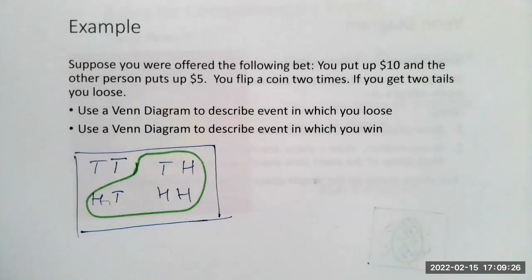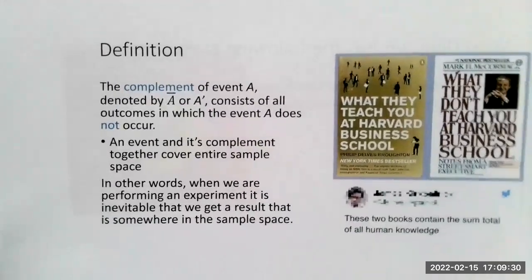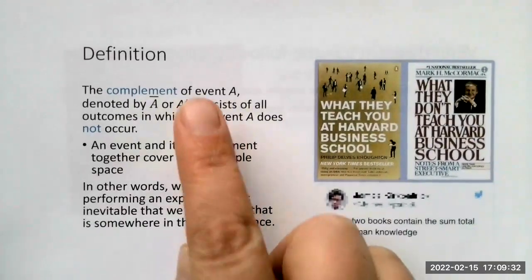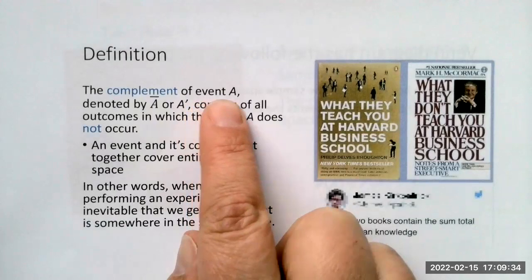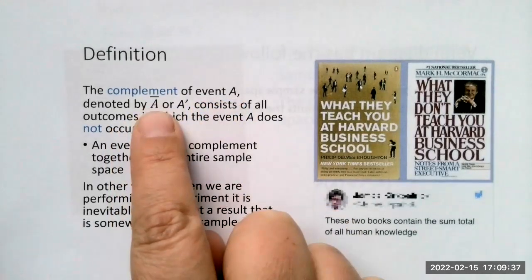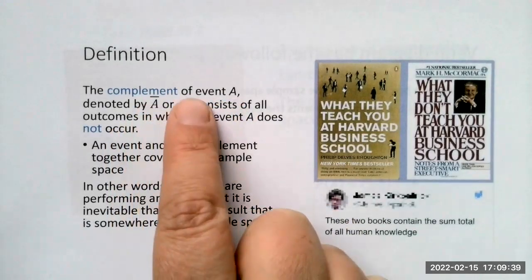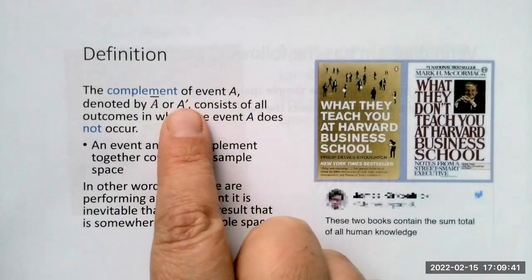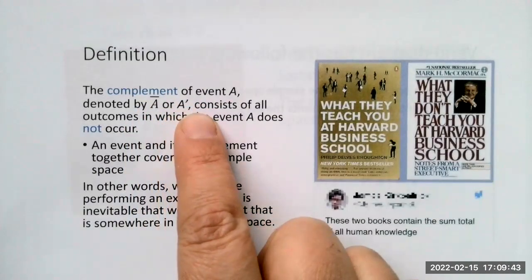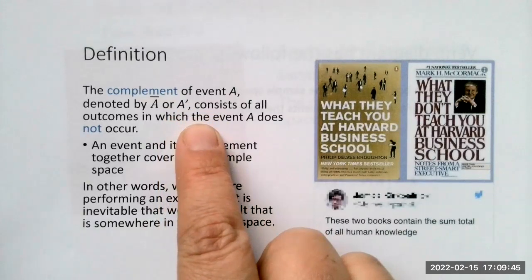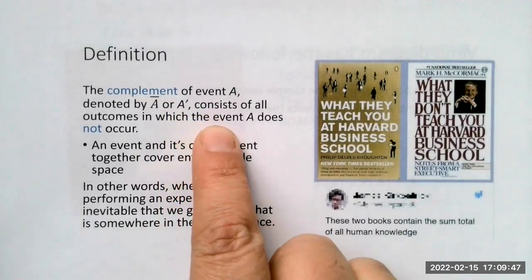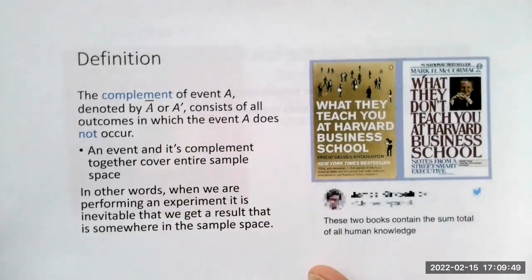So let's talk about another very important concept in probability: complementary events. The complement of event A is denoted by A with a bar above it, or A with an apostrophe, and it consists of all outcomes in which the event A does not occur.